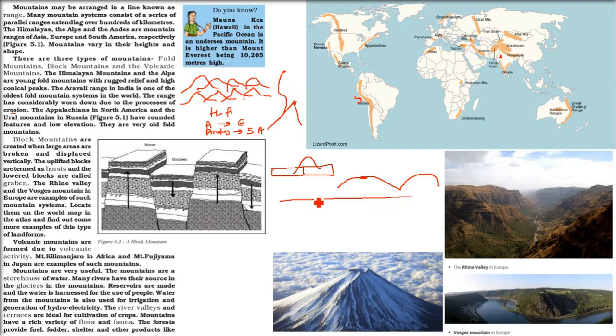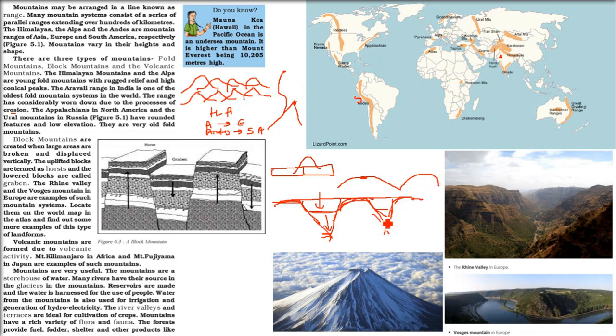This is a plain or somewhat undulated surface, and over the years, because of so many processes going on inside and outside the earth, this part broke and went down because it got the place to go, and it has settled down here. So now the portion has become like this. This is the mountain, and these are the valleys, mountain valleys.